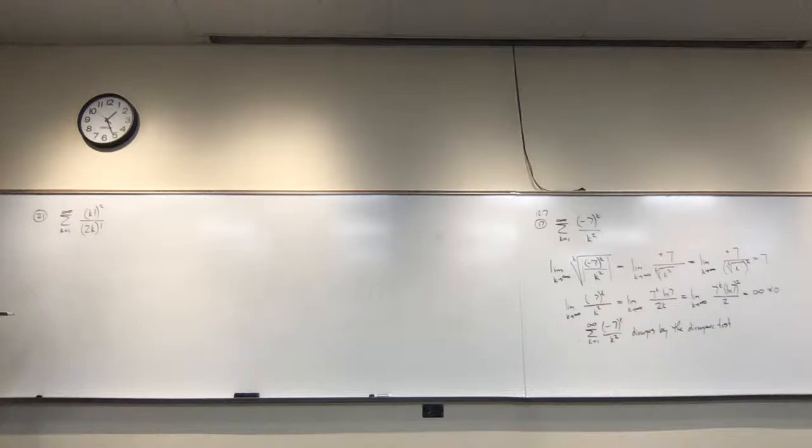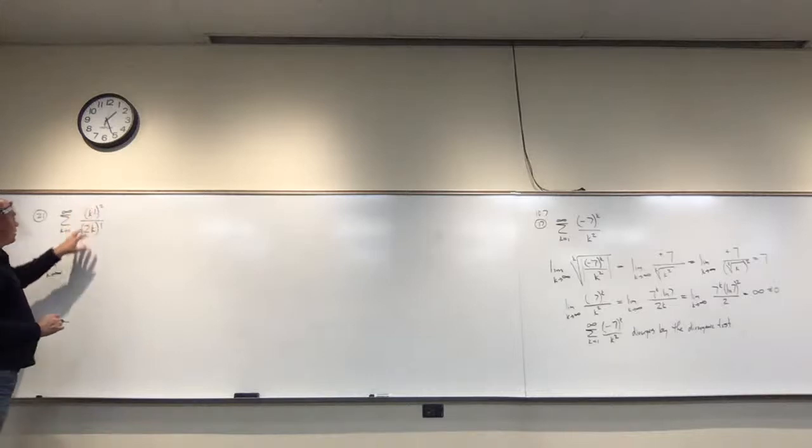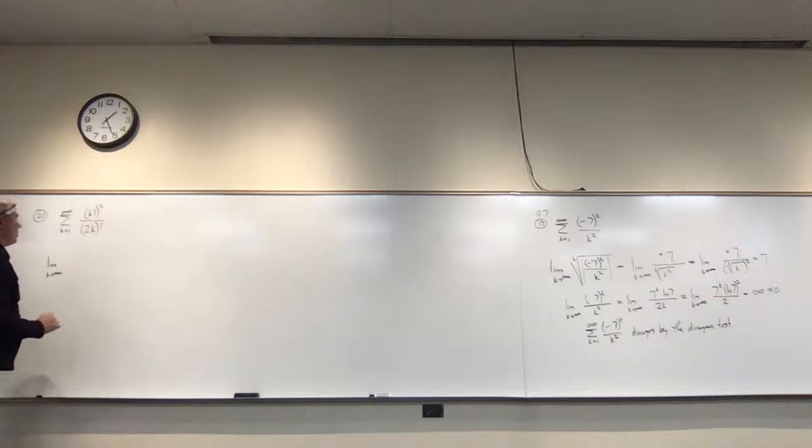Okay, so what we want to do is take the limit as k goes to infinity. We want to put the k plus first term up on top, and the kth term down on bottom.